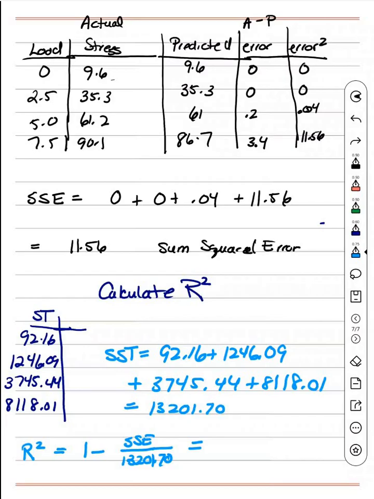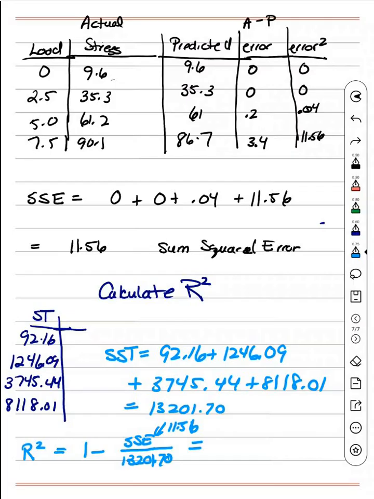I'm going to have to crank it out because I erased everything off my calculator. SSE was 11.56. I think I had an error here.